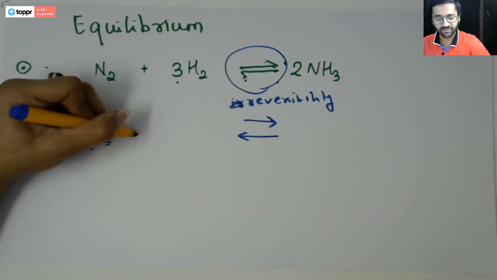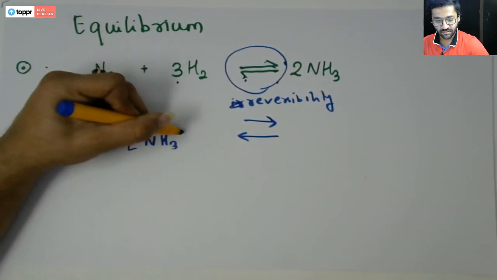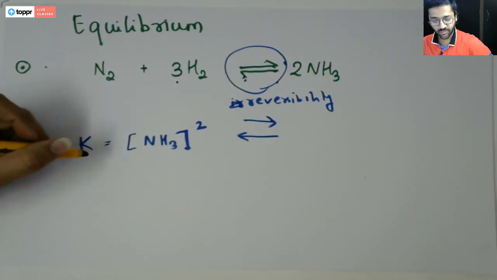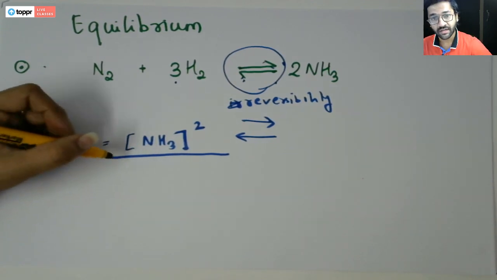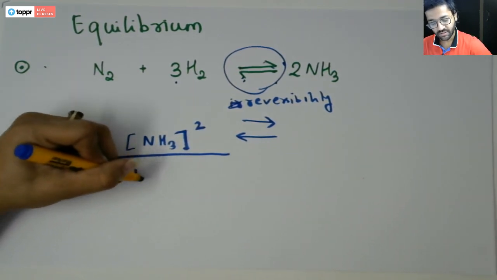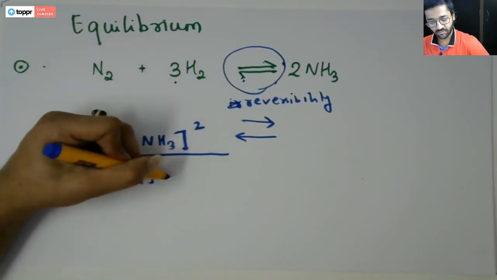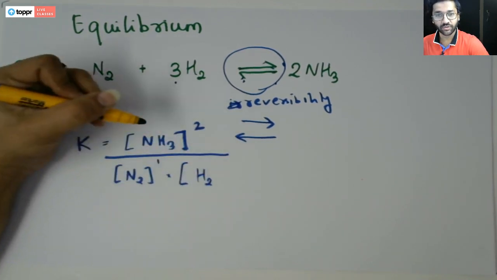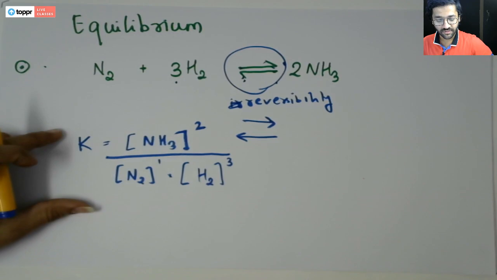So here K will be the concentration of the product, which is ammonia, raised to the power of the coefficient, which is 2 for ammonia, divided by the concentration of the reactants, which is nitrogen, to the power of its coefficient, which is 1, into the other, which is hydrogen, raised to the power of 3. So this is the formula.